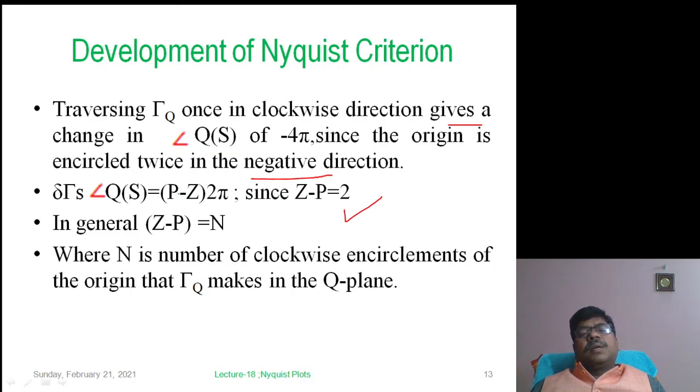So, P minus Z equal to 2, so the net angle will be 4 pi, here minus 4 pi. In this case it is encircled twice, and each encirclement makes an angle contribution of minus 2 pi.